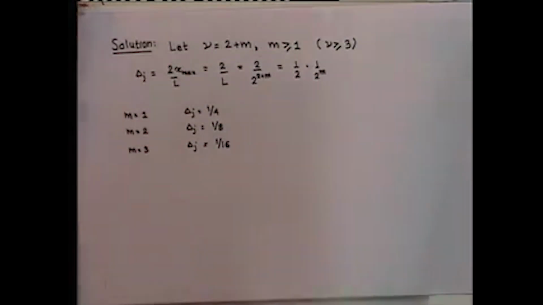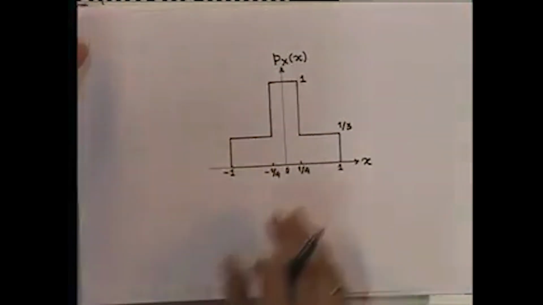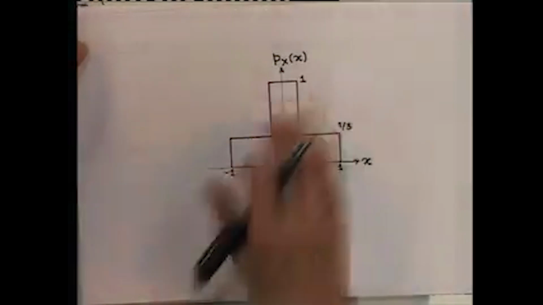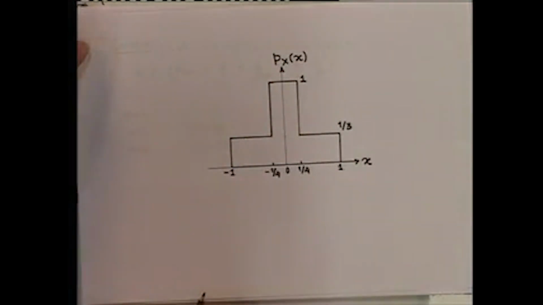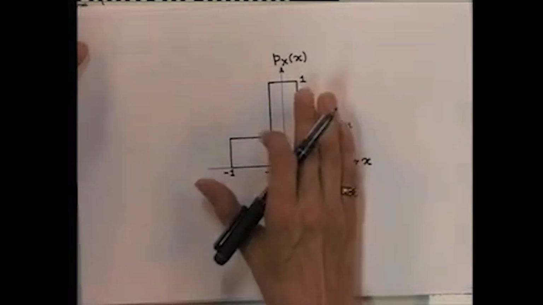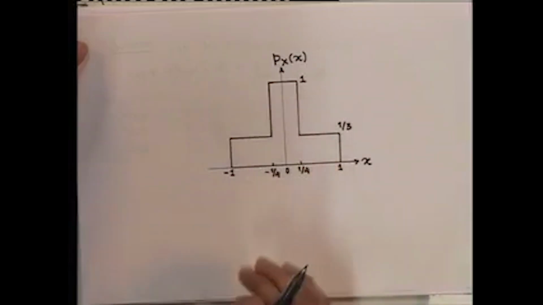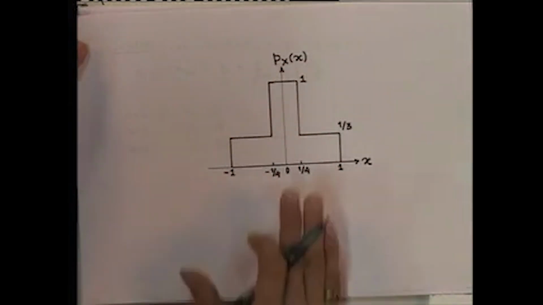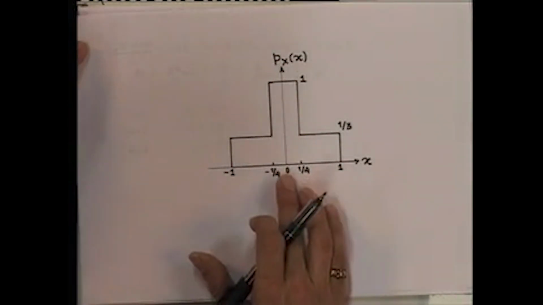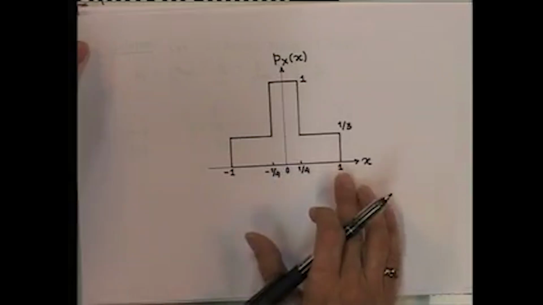Now, because of symmetry of this PDF and the symmetry of our quantizer design, we will restrict our discussion to the interval between 0 and +1.